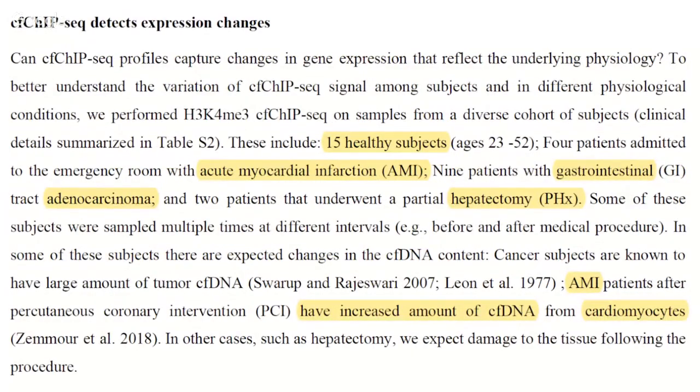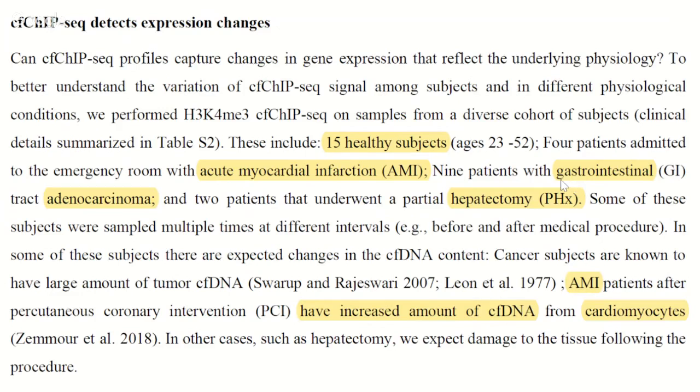And then they went on to look at healthy but also non-healthy individuals, right? They did 15 healthy subjects, different ages, and then they took samples from emergency rooms from people that had their heart basically exploding, acute myocardial infarction. So lots of cardiomyocytes bursting and shedding DNA into the bloodstream.